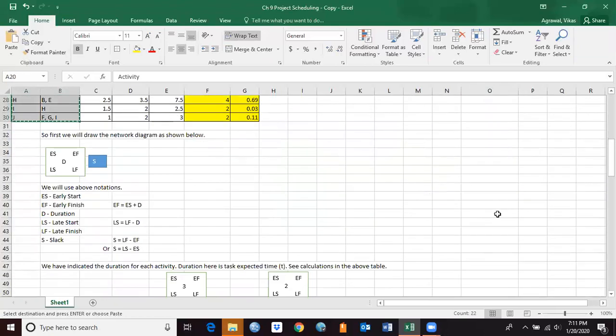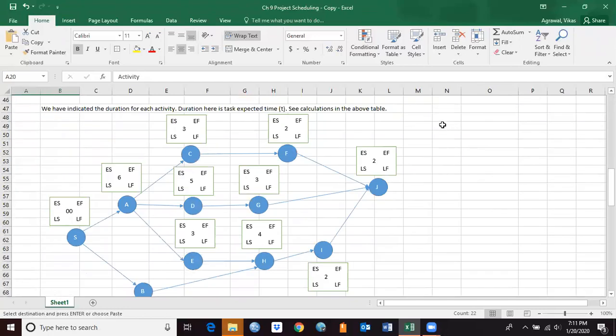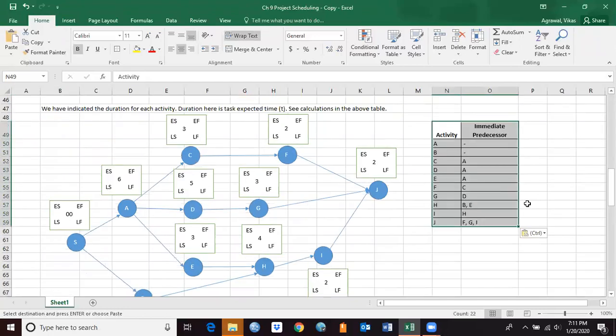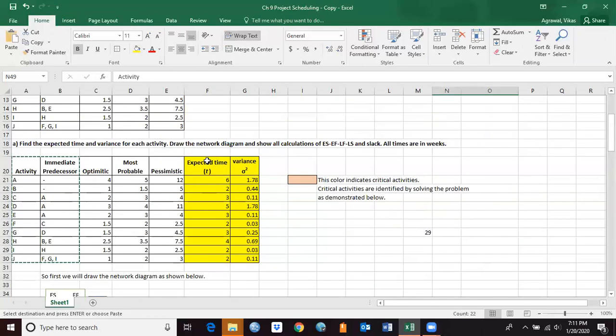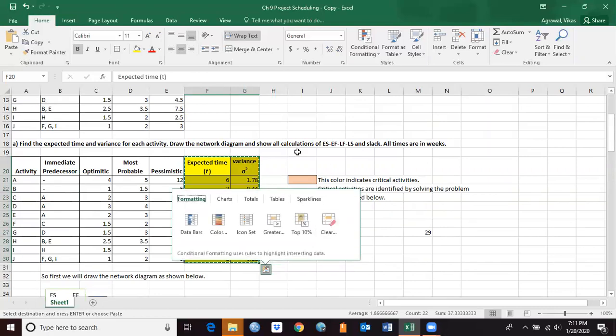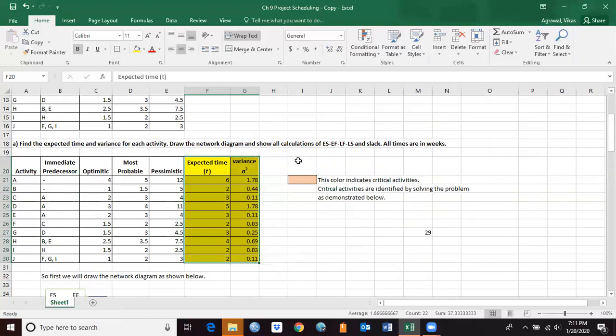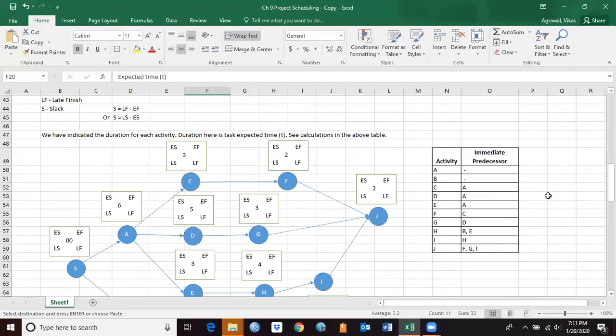Maybe let me copy just a few fields at a time. And I need this here.